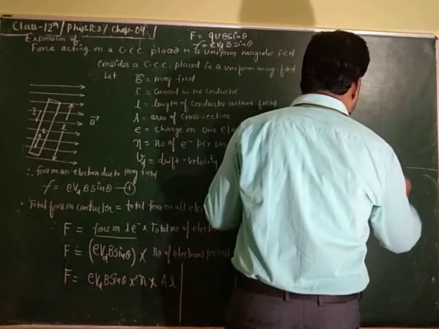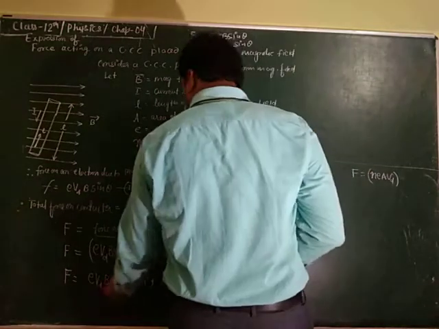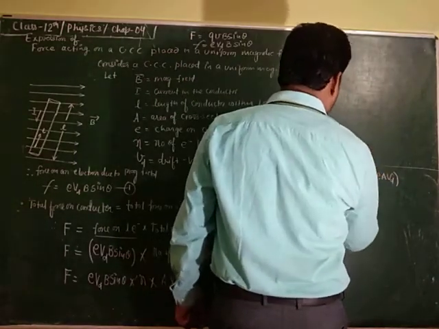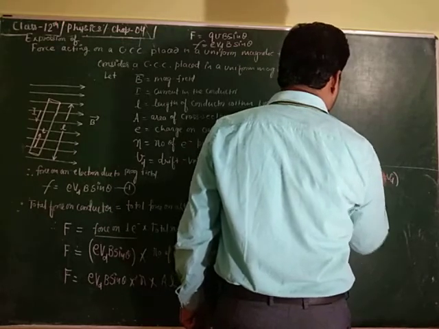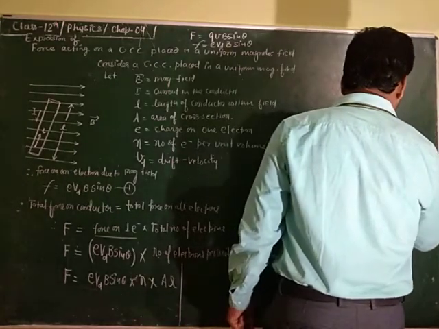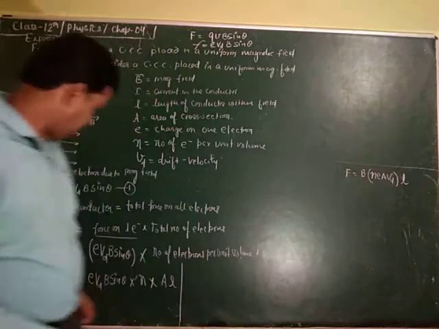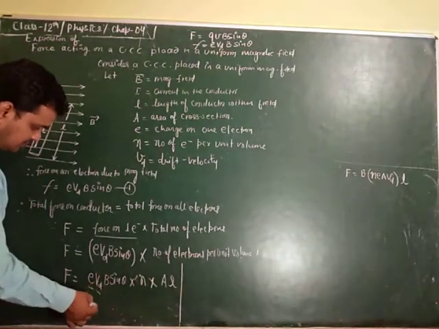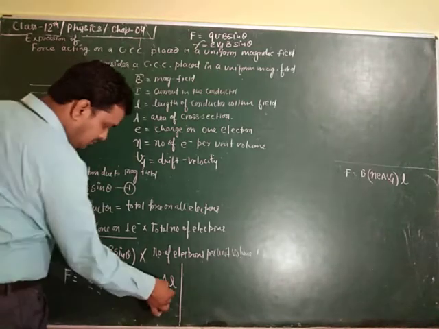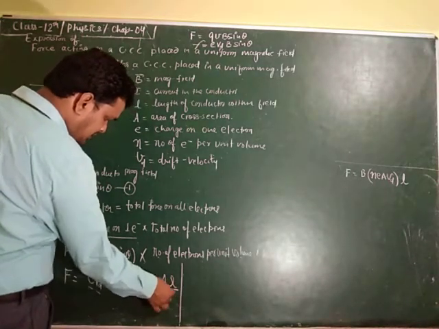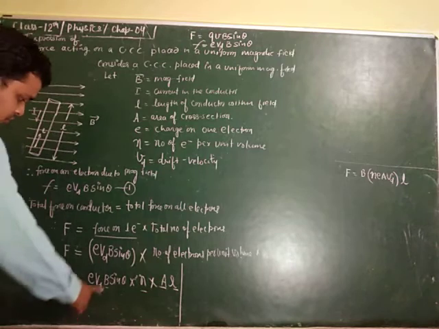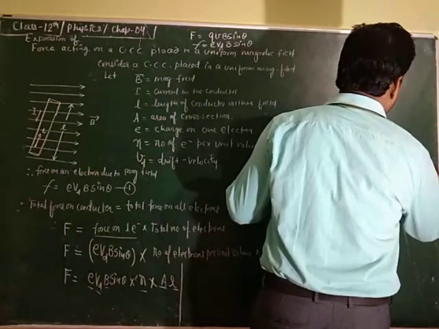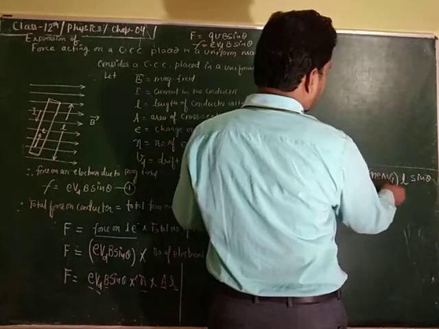Many of you may understand why I am writing this. And B first. So F is equal to B, and into this, into L we have. We have used e v_d B n L A, so we are only left with sin theta. So I will write here sin theta. Now what is n e A v_d?